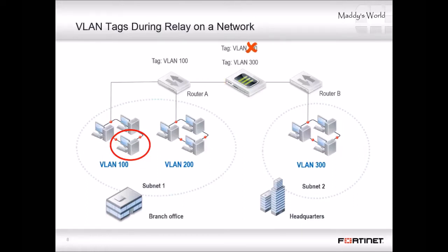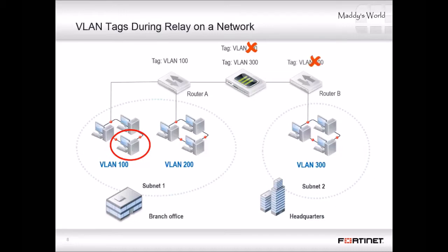Then, the FortiGate is configured to route from VLAN 100 to VLAN 300. FortiGate removes the VLAN 100 tag and matches the packet with a firewall policy. Since the packet is acceptable and is destined for an address on VLAN 300, FortiGate rewrites the VLAN ID to VLAN 300 before forwarding it to the next router.